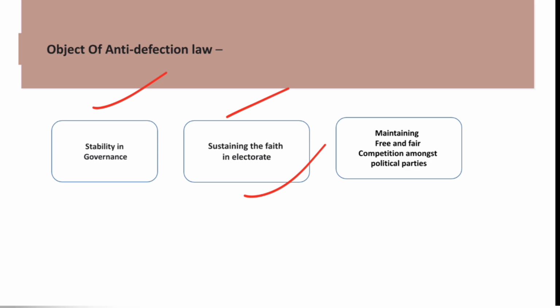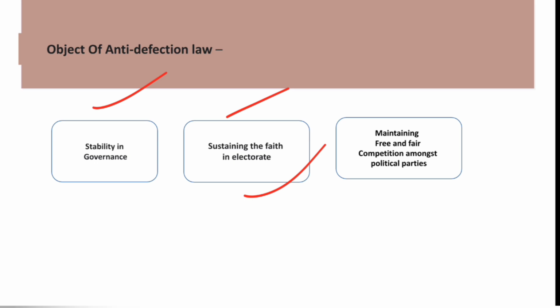For this there is obviously a procedure of the house under which the floor test is to be done, wherever the majority is shaken and another party claims the majority. In such circumstances there is a floor test to be done.